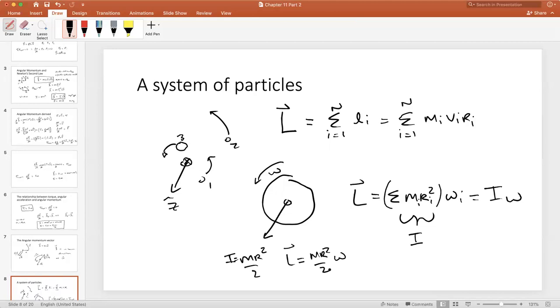We'll always deal with solid objects where we know the moment of inertia, so they'll have high symmetry, or we'll deal with systems of particles that only have a few particles. You'll see maybe 4, maybe 5, I don't know, on the homework. But it's not too hard. We can add them all together and get the total, and then treat it as if the system as a whole has an angular momentum L.